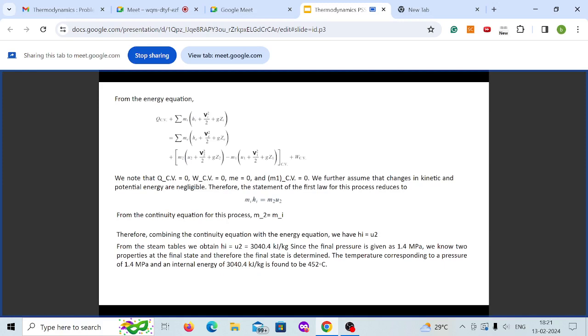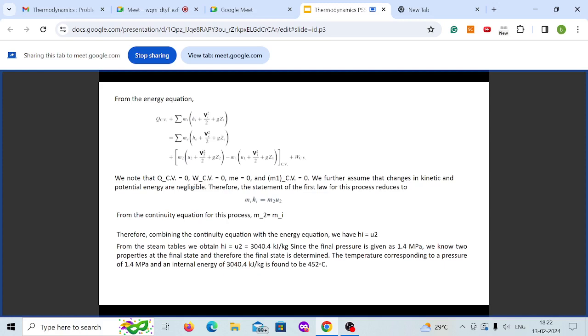So Vi square by 2 and Gzi, you can assume to be 0, and also we know that there is no mass which is going out. So exit Me will become 0, and we also know that at state 1 there is no mass. So energy possessed by the tank at state 1 is 0.